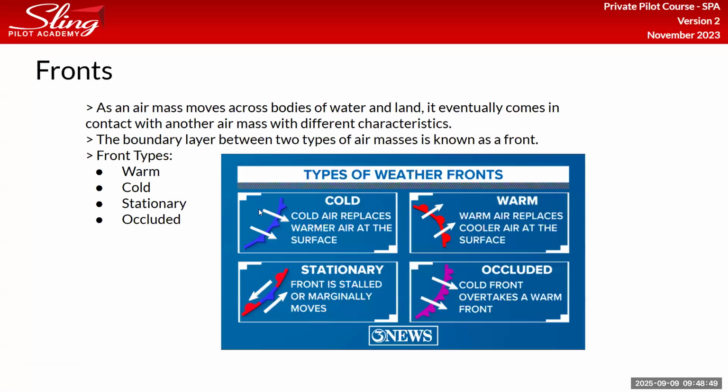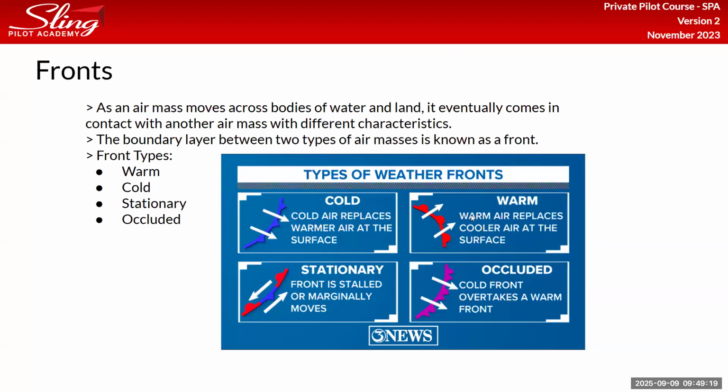Okay, now we're on to fronts. You must know this. The other stuff that we just talked about is good to know as backup, but you must know the different types of fronts. You need to identify what they look like on a prognostic chart. So we have the different ways that they look on the prognostic chart, and we need to know how they move across the US specifically.